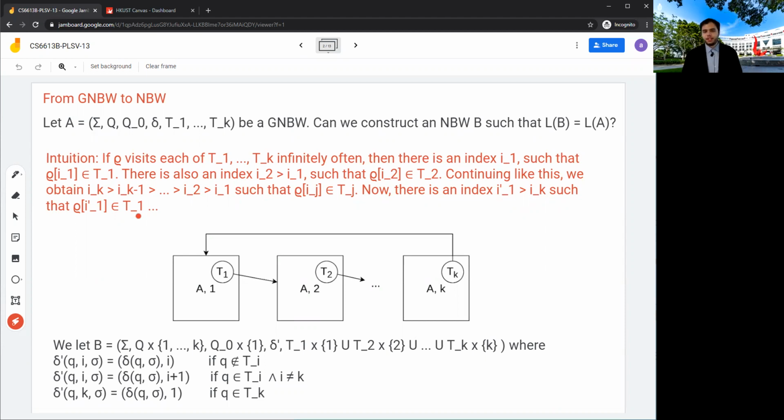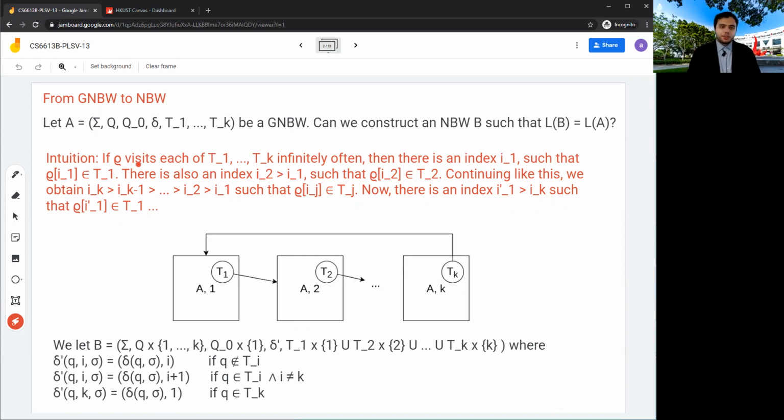So basically, the idea is that if you visit each one of these sets infinitely many times, then you can find a bunch of indices such that first you visit T1, then you visit T2, and so on, then you visit Tk, and then you come back and visit T1.